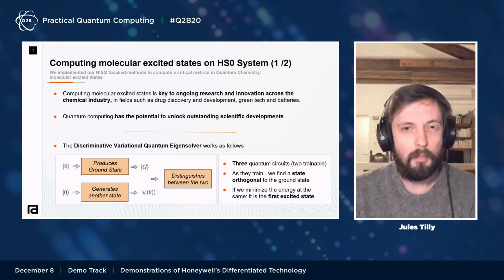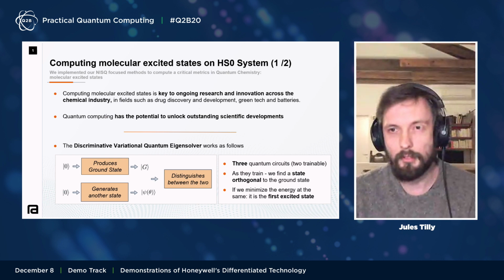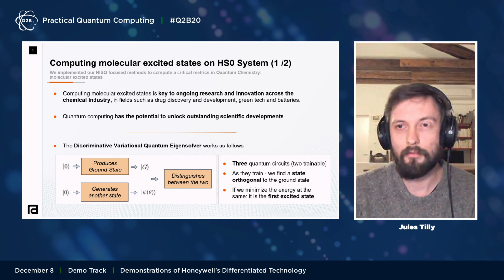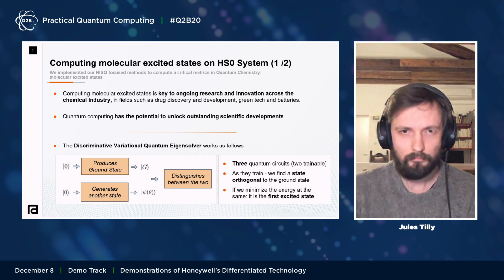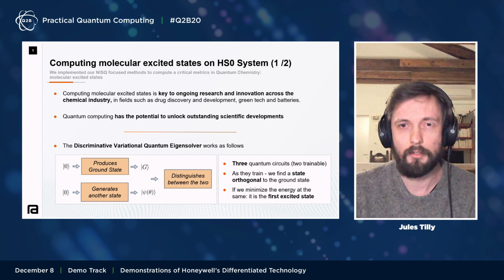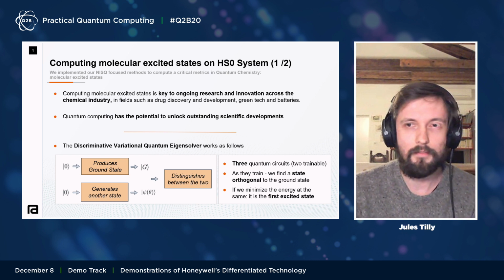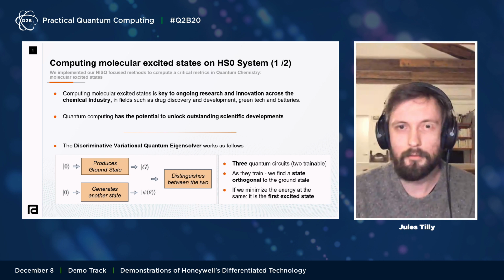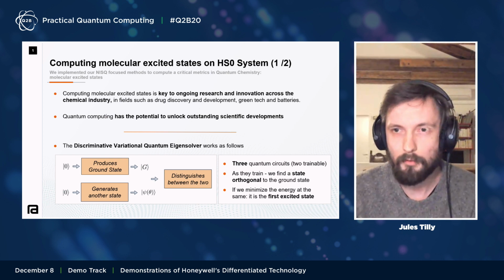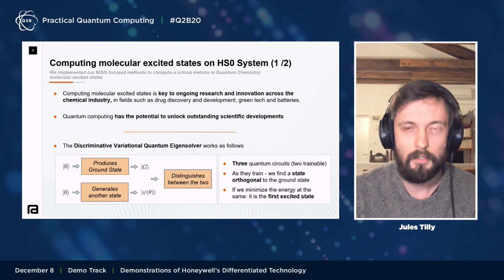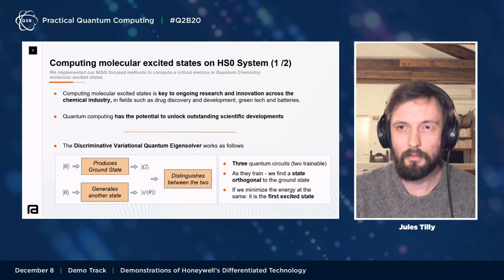In order to implement this method, we need 3 quantum circuits. The first one is a quantum circuit that can produce a model of our molecular ground state. You can obtain this by doing, for example, the variational quantum eigensolver. The second circuit is very similar, but at the moment it produces a random state. We don't know what it produces, and it doesn't really matter for now. The third circuit is tasked to take either of these two as input and try to distinguish between the two.